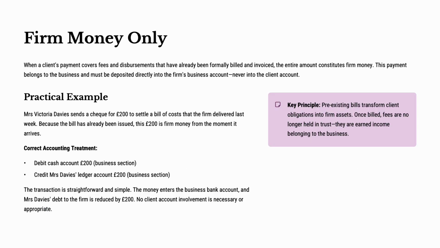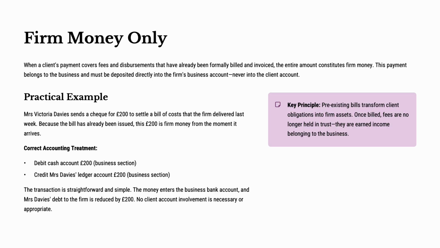So, firm money only. If a payment covers billed fees and disbursements, it is firm money and it belongs in the business account. For instance, Mrs. Victoria sends £200 for billed work.